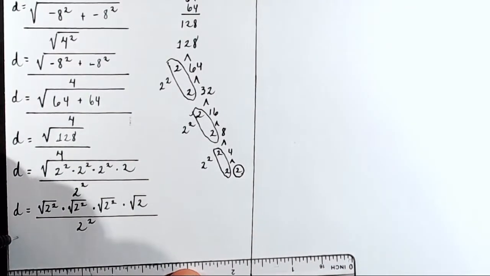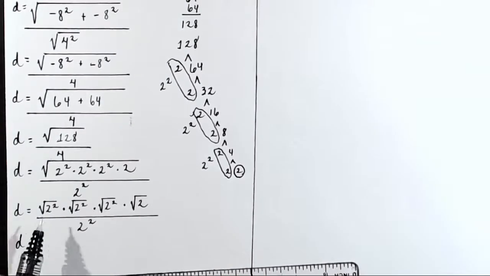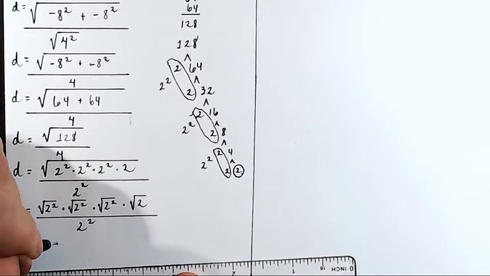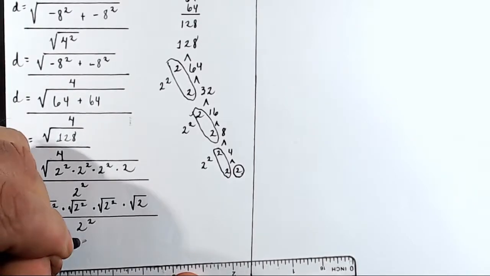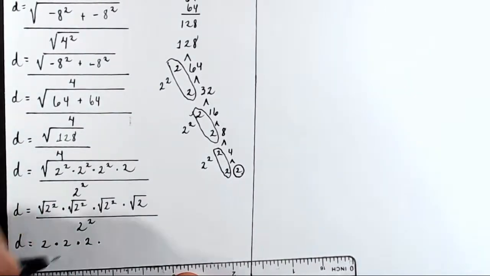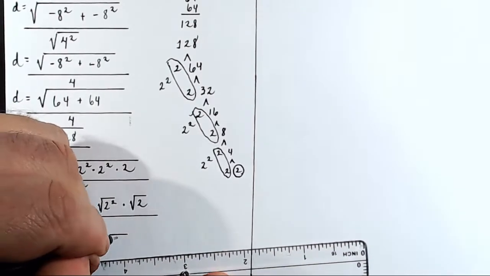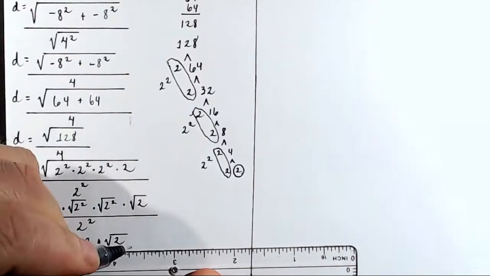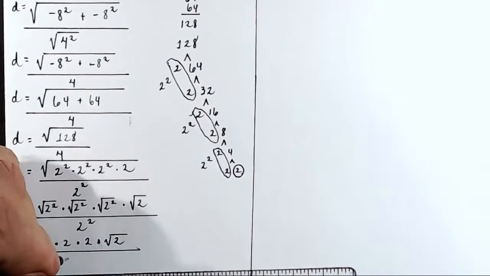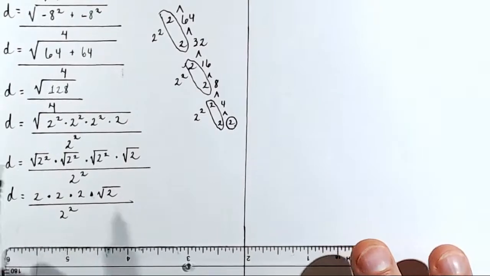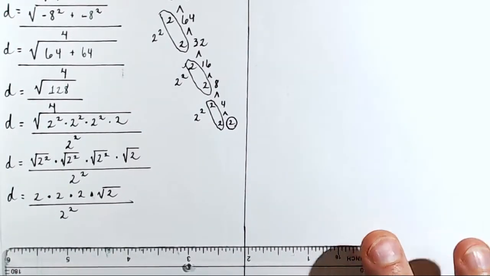Okay, so d equals, and now remember, the square root of 2 squared is just 2, so this becomes 2 and 2 and 2. So now I have 2 times 2 times 2 times the square root of 2, all over 2 squared. Okay? So now I'll say, well, 2 times 2 is 2 squared.